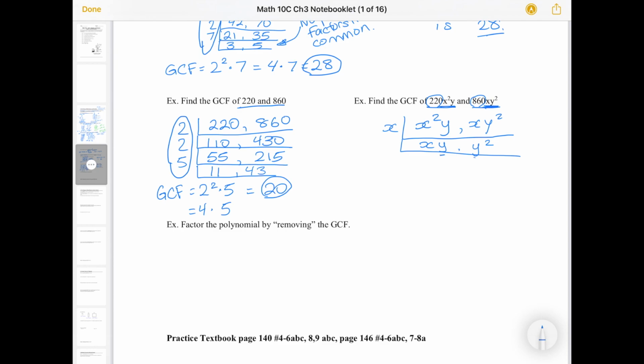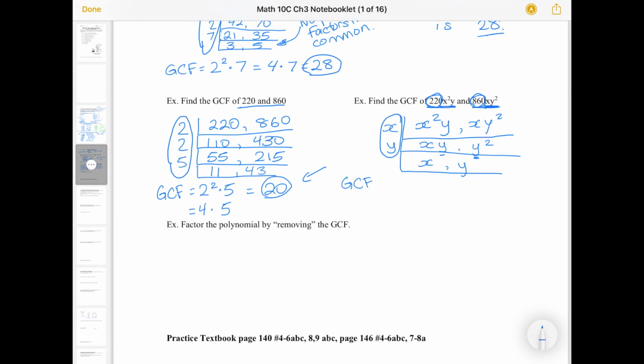Well, they both have at least one y, so I divide by y, and I get x comma y. Now there is nothing common between x and y, so I am done. My GCF of those variables is xy. My GCF of these numbers, we found that before, that's 20.